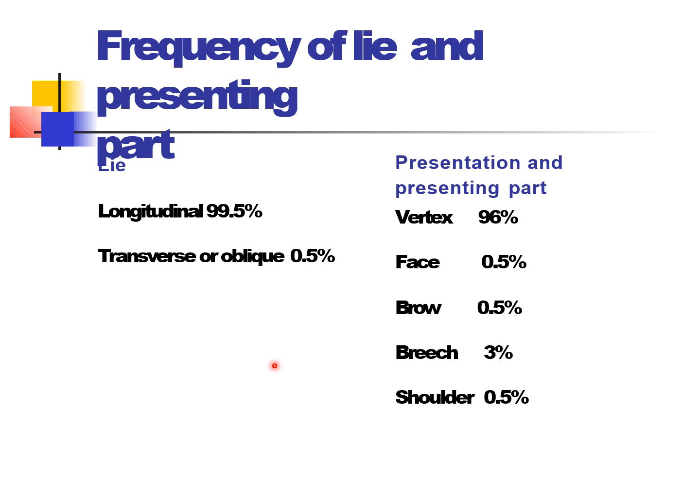In 0.5% of the cases, the face will be there, and in 0.5% of the cases, the brow may come. In the longitudinal lie, in 3% of the cases, the breech will come. And in transverse lie, 0.5%, as I have already said, the shoulder will come as the presenting part. So in 96% of the cases, the vertex will be the presenting part. Remember that.